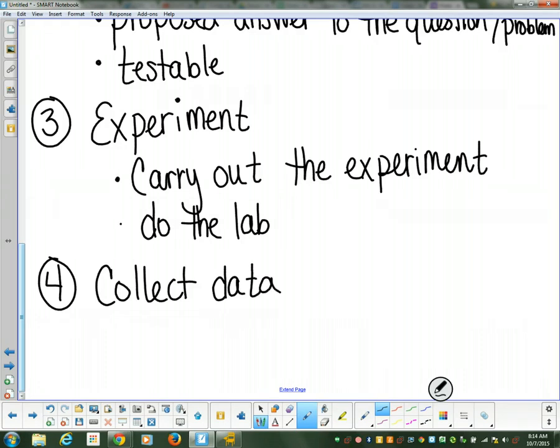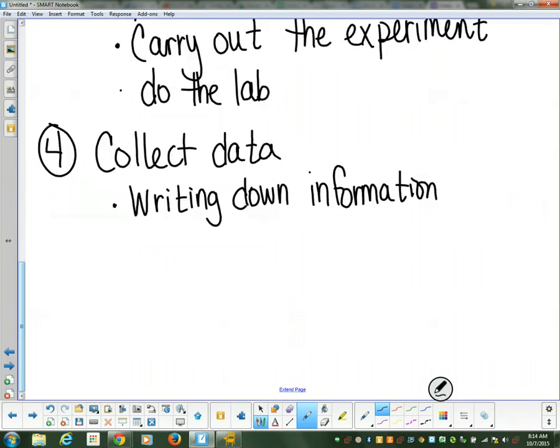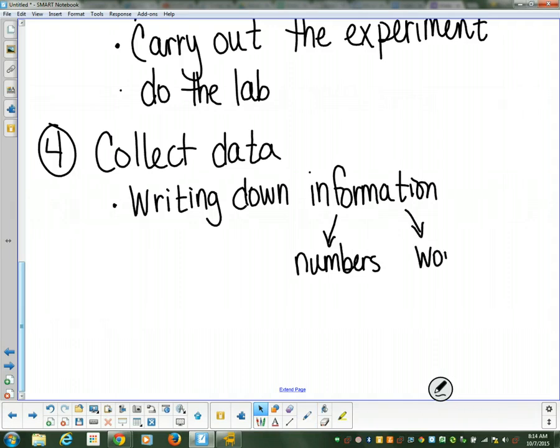And when you collect the data, you are going to be writing down information. And when I use this word information, what I'm really saying is that these things can be numbers, so numerical data, or they can be words.